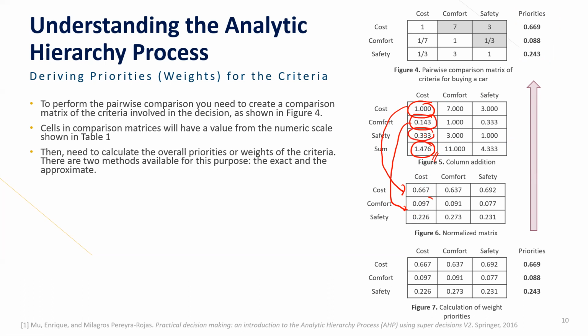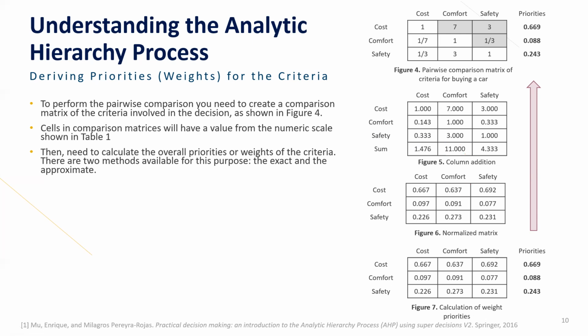And the last one becomes this one divided by 1.476. The next column is also the same. You divide 7 by 11, and you get this one. Do that for the rest of the columns. This is later called the normalized matrix.